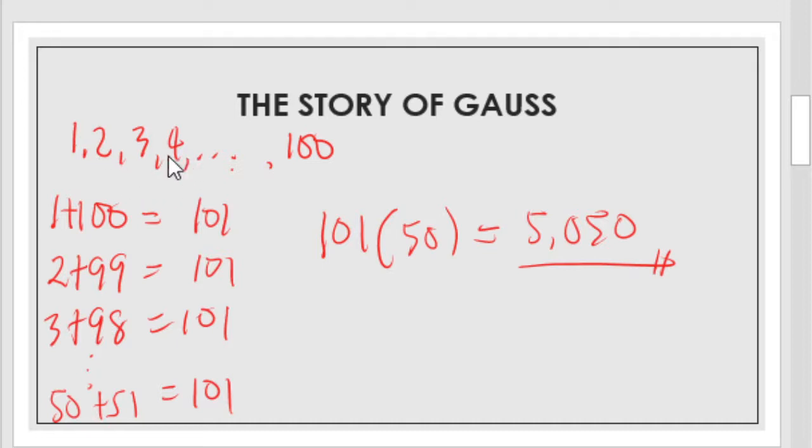And if you observe, it is an arithmetic sequence, with a common difference of 1. So finding the sum of these first 100 terms is what we call an arithmetic series. That is what we will discuss now: how to find the sum of a finite arithmetic sequence.